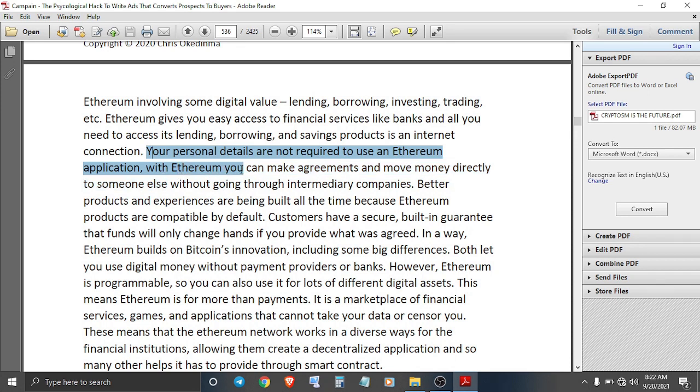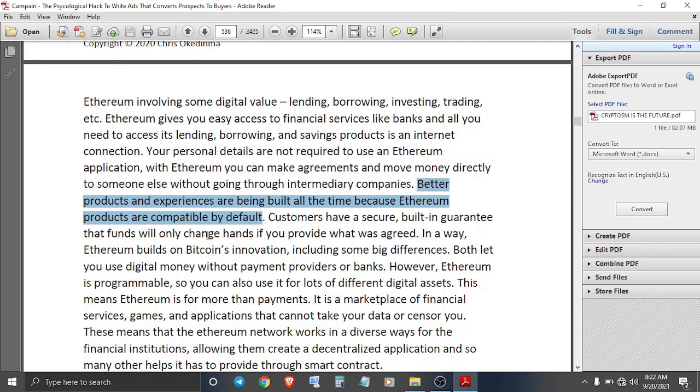With Ethereum, you can make an agreement and move money directly to someone else without going through intermediary companies like the banks. Now, better products and experiences are built all the time because Ethereum products are compatible by default.